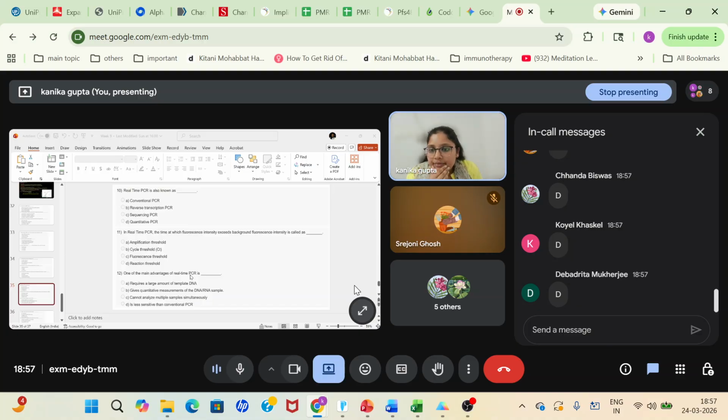In real time PCR, the time at which fluorescence intensity exceeds background fluorescence intensity is called as the cycle threshold. ठीक है?